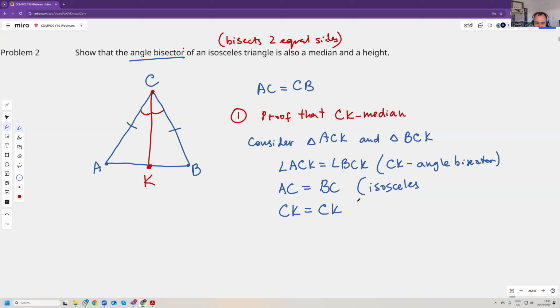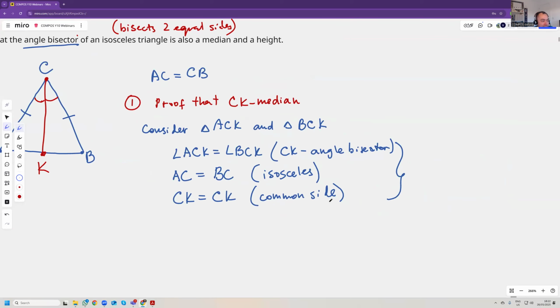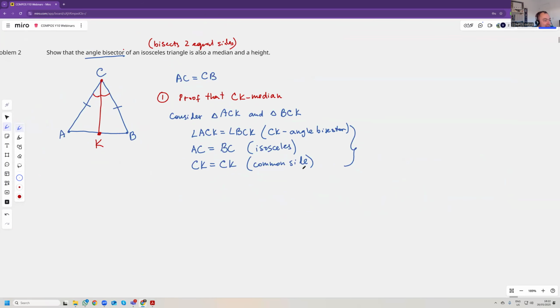So side CK is a common side. And because they are equal, this is side angle side. So by side angle side congruence, triangle ACK is congruent to triangle BCK.